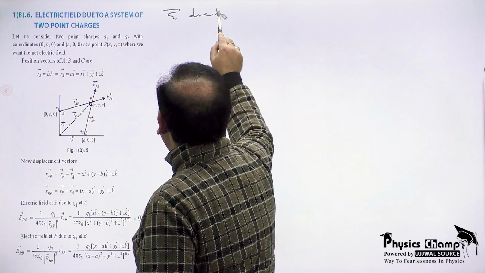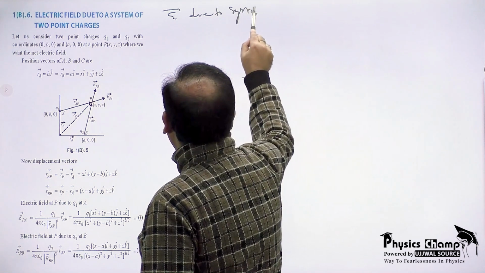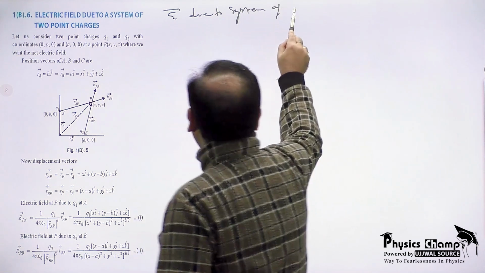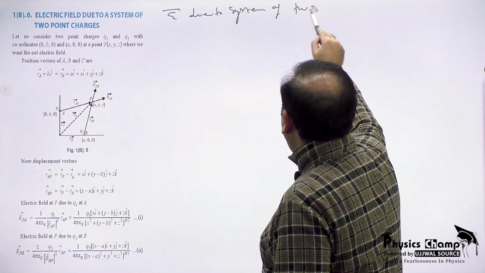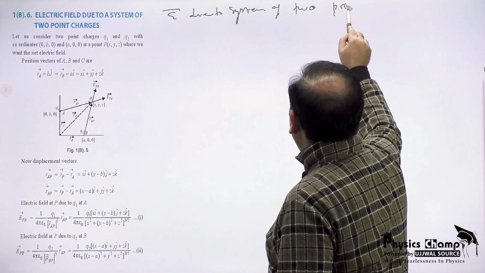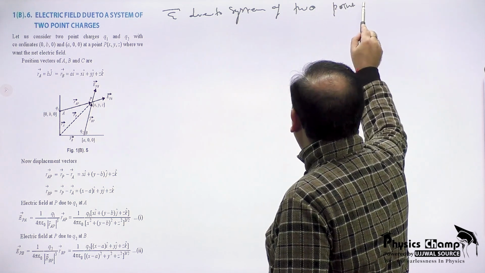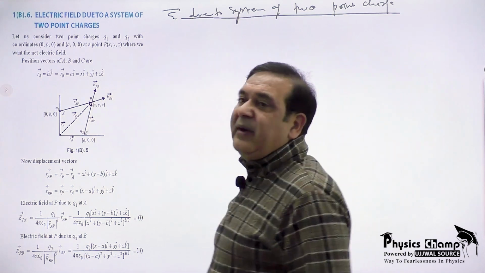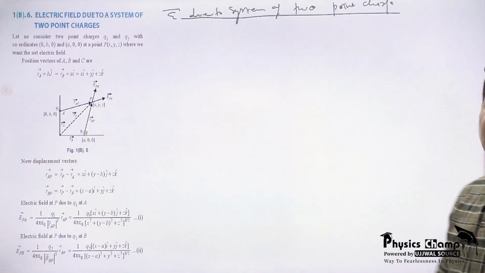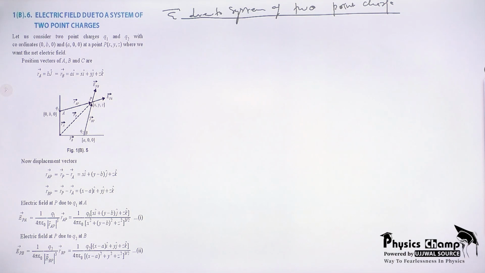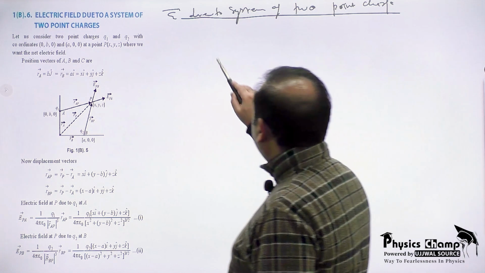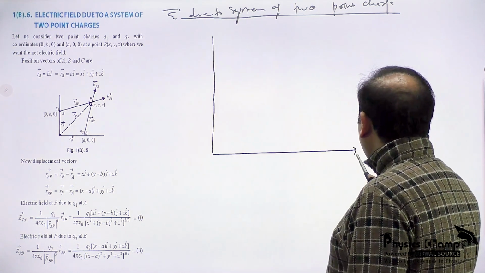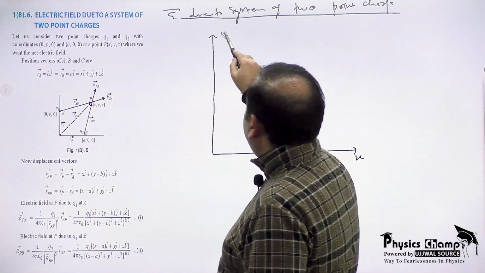So here my topic is electric field due to a system of 2 point charges. This is one example of how, in case the coordinates are given, to find the electric field or the components of the electric field. So here the situation is given: this is the x-axis and this is the y-axis.